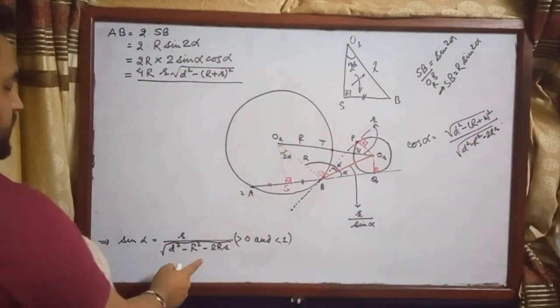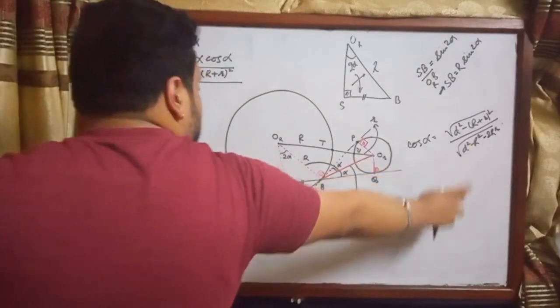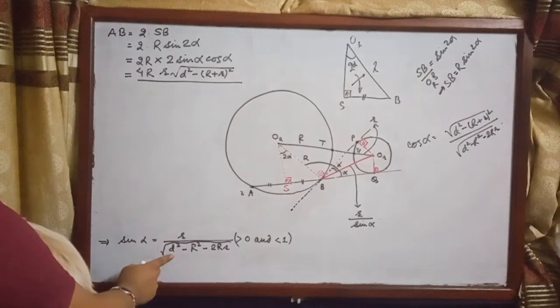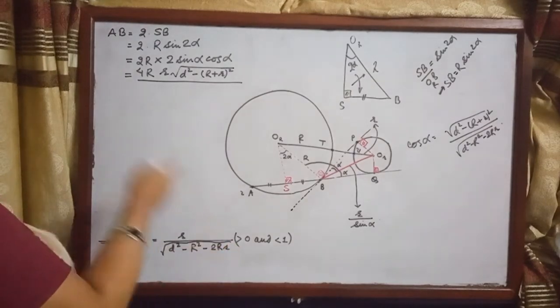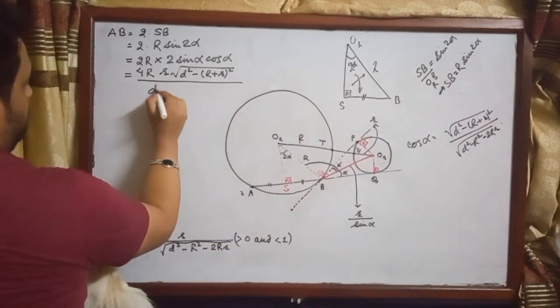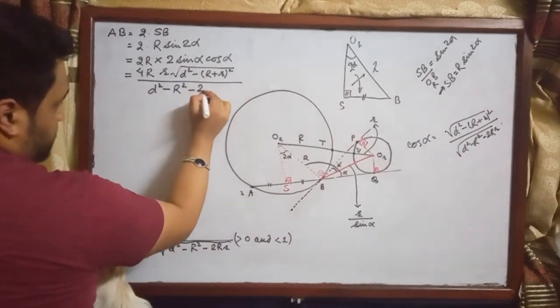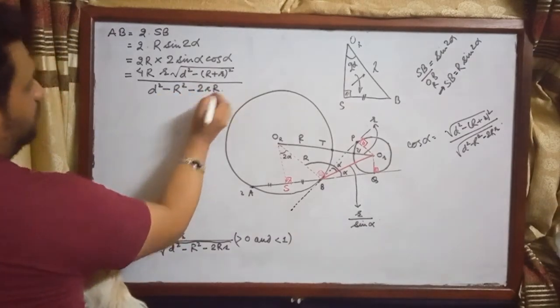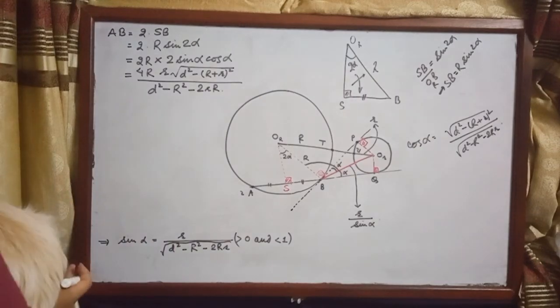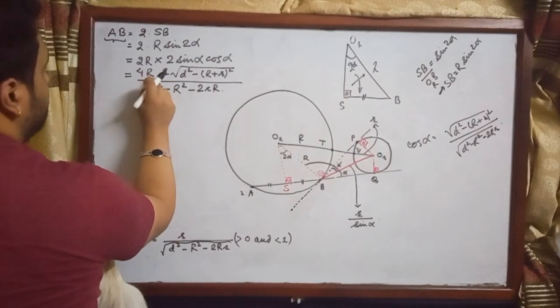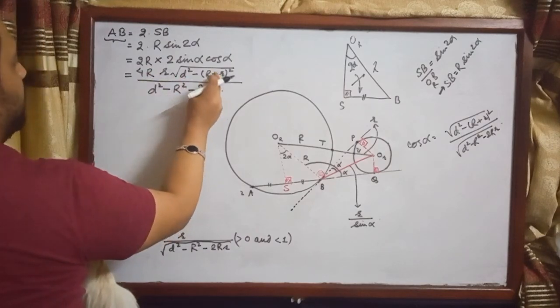So the product of these two denominators will be whatever is inside the root, but without the root: d squared minus r squared minus twice r. All right, we've expressed AB in terms of R, D, and r.